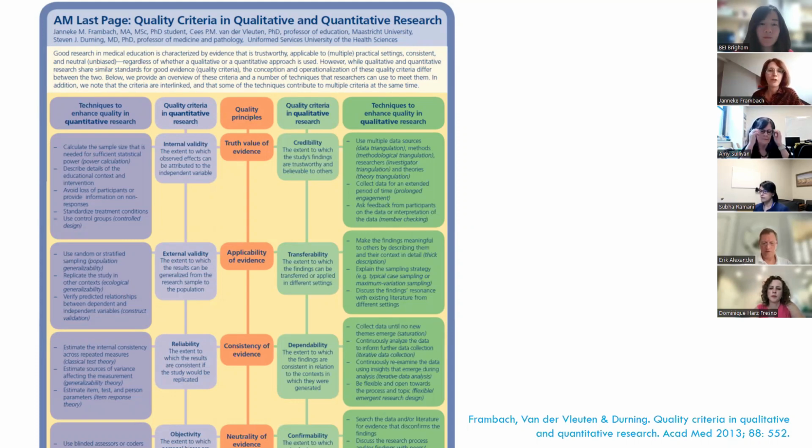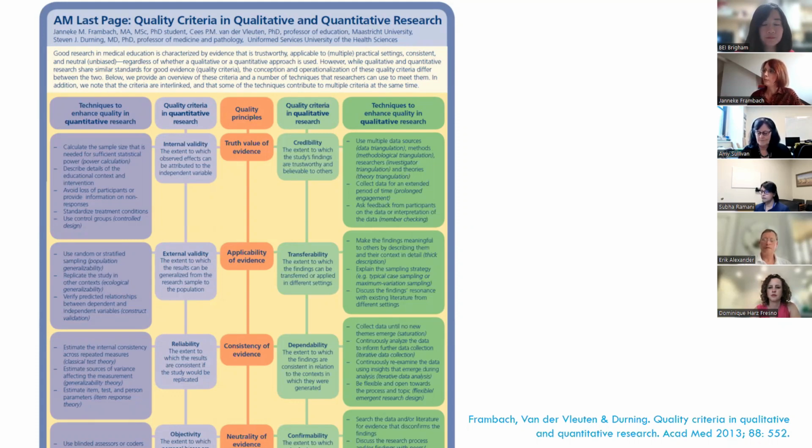Personally, I'm therefore not really a fan of putting it in boxes like we have on this last page. I think it serves a purpose as a starting point, and I think it's a nice resource to look up for a quick comparison between quantitative and qualitative research. But then it would be important to do further research into how these could be applicable to your particular study.